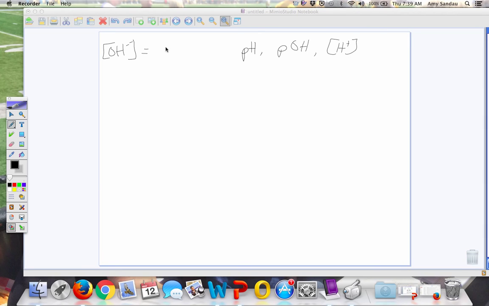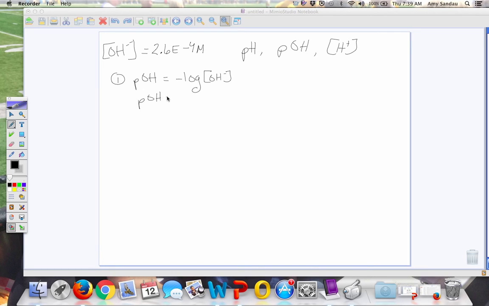So if we start with a hydroxide ion concentration of 2.6 E negative 4 molarity, the first thing we're going to do is we're going to go ahead and solve for the pOH. And to solve for pOH, given the hydroxide concentration, it will be negative log of the hydroxide concentration.